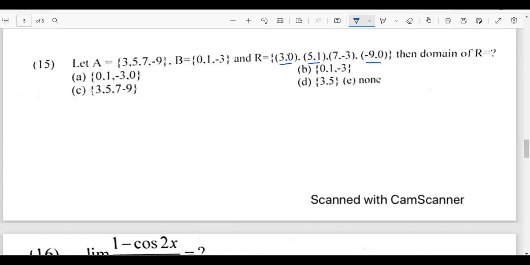The value of the function at 3 is 0, at 5 is 1, and so on. So think about the domain of R. Domain are all the x values, right? Very good. Well done. Excellent. That would be C.